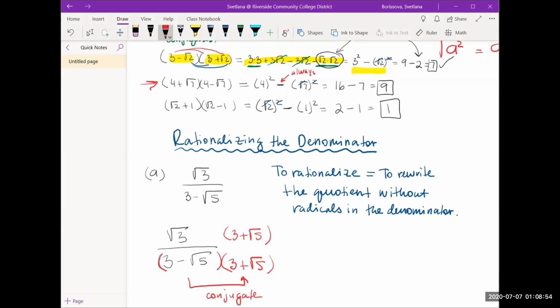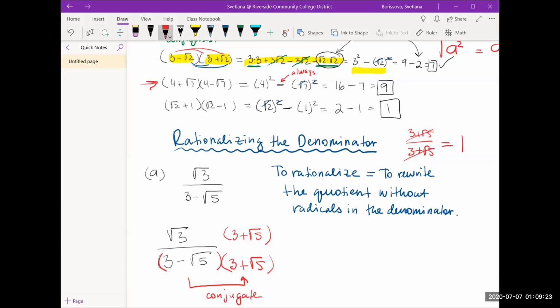Because as I think about it, 3 plus square root of 5 over 3 plus square root of 5 is the same as 1, right? I can cross out those two expressions and I get 1. A fraction that has the same numerator as denominator equals 1. So in reality, we are multiplying just by 1, but expressed in a very smart way, because it will allow us to get rid of radicals in the denominator, or rationalize the denominator.